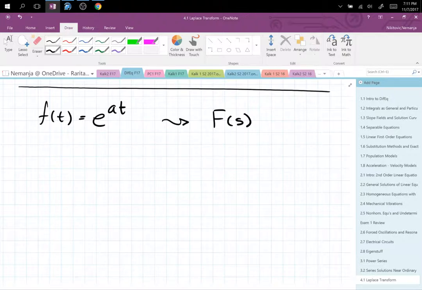Because the exponents lined up. We did not have e times sine or e times t, right? So it was basic integration, technically just integrating e to the at.